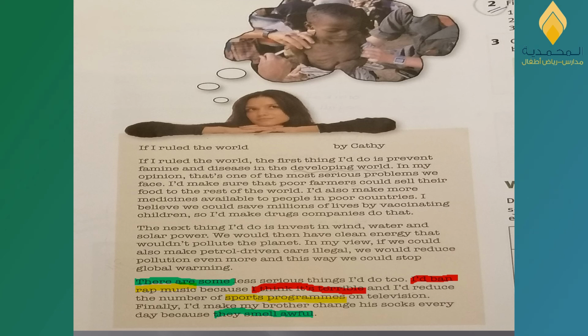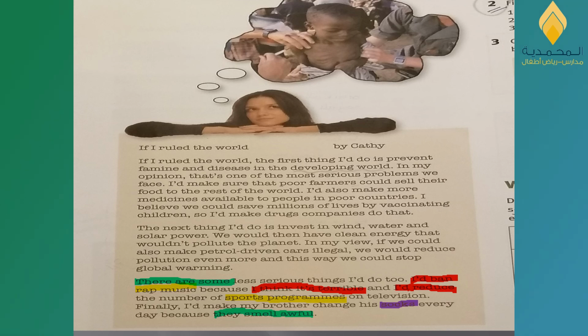The second thing for her was I'd reduce or I would reduce sports programs because she didn't like them. The last thing she mentioned is about her brother's socks, which are smelly, and she wanted him to change them. So these are the problems that she wanted to change.